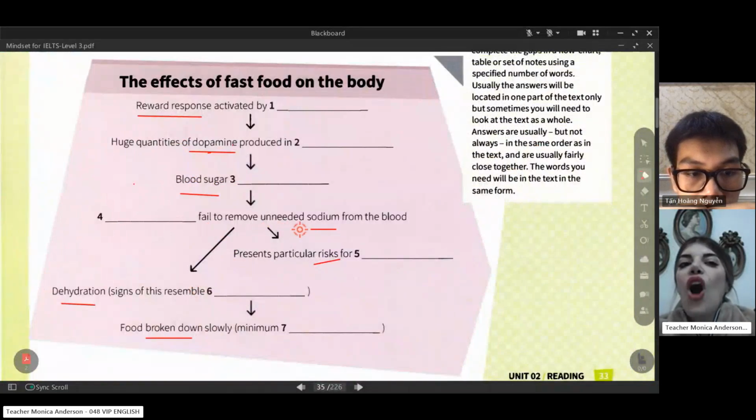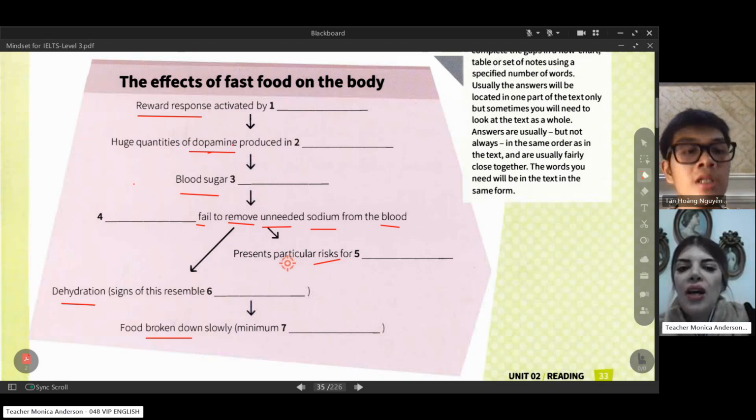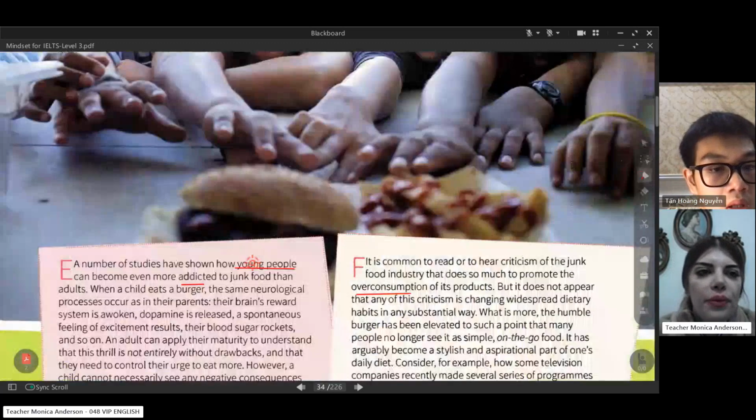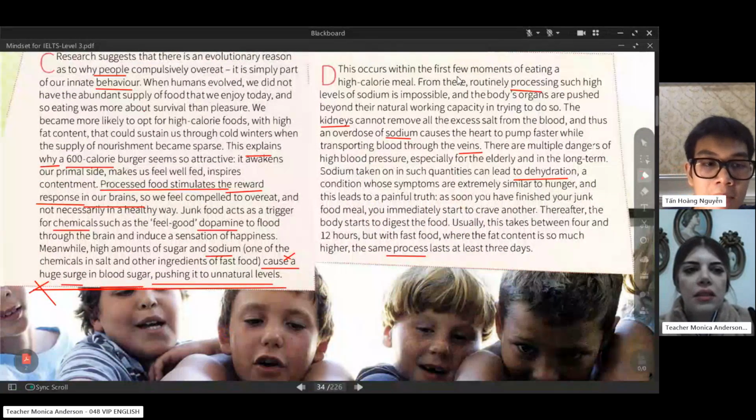fail to remove unneeded sodium from blood. So unneeded, sodium is anchor word, blood is anchor word, remove is keyword, fail is keyword. Now, screw up. Teacher, can you type in number 3, please?